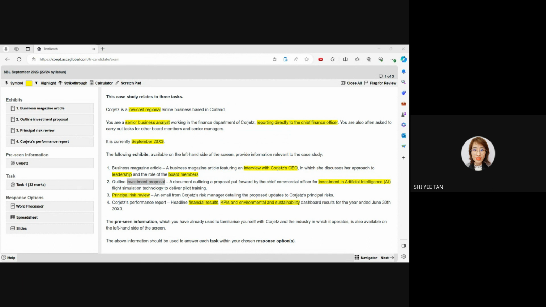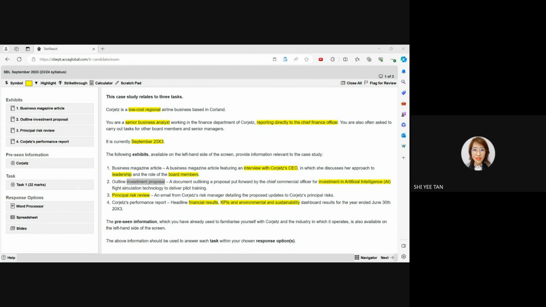And environmental and sustainability dashboard result for the year ended June 30th, 2023. So now it's September, so you already have your year-ended result. It's the whole year result already. Your year end is June, so now in September you can already do some evaluation on how you performed in the past one year. Okay, so this is what you have.